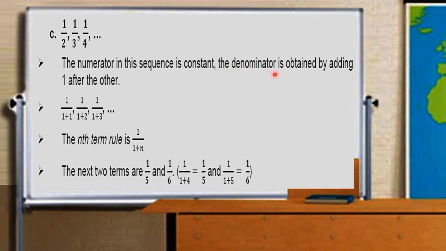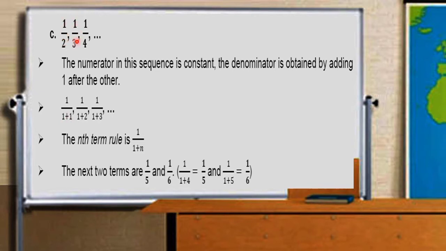The denominator is obtained by adding 1 after the other. So, kopyahin natin si numerator na 1. And then, para sa denominator, it is obtained by adding 1 after the other. So, 1 over 1 plus 1 equals 1/2.